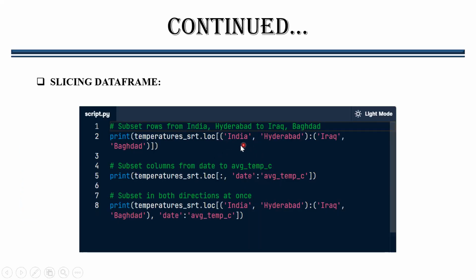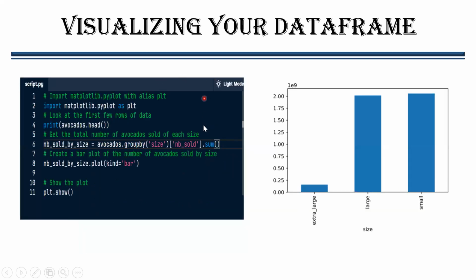So if we want to slice the data frame from India, having Hyderabad, to Iraq, to Baghdad, we will use the dot loc statement that will slice our data frame.